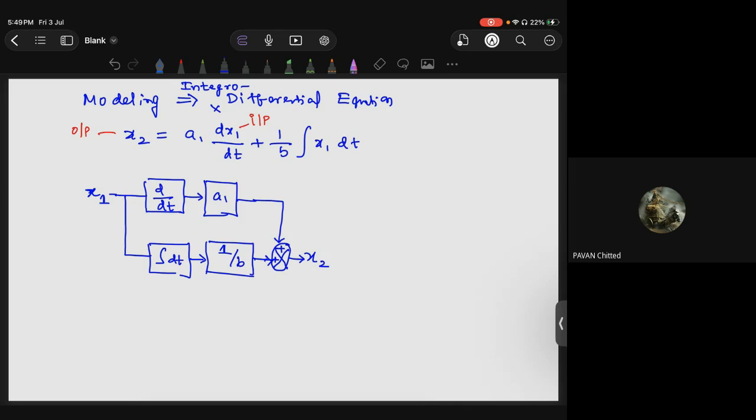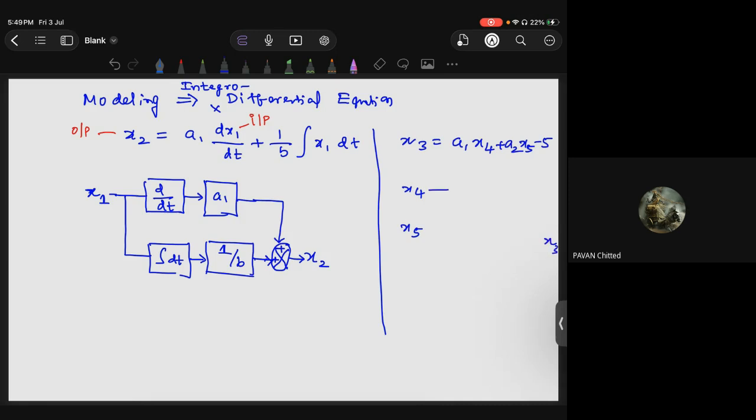You may see another example. Let's say x3, because I've already used x1 and x2, equals a1 x4 plus a2 x5 plus 5. How can I write this? We'll have x4 and x5, and I need to get x3 here.